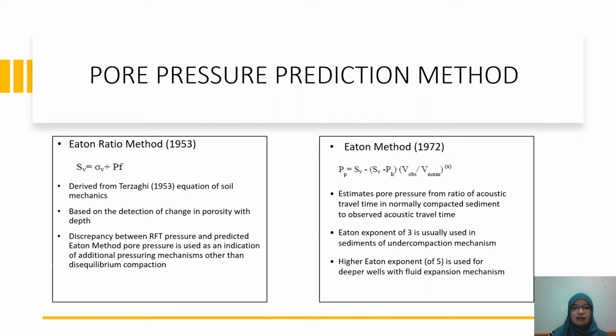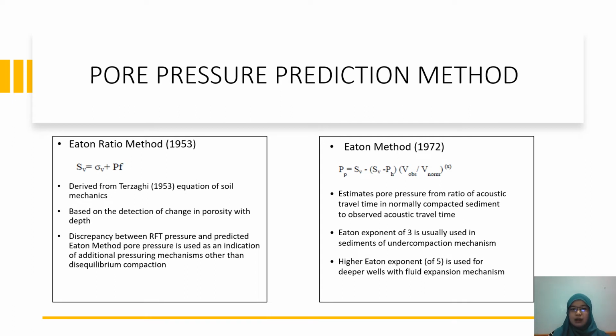The Eaton ratio method is based on the detection of change in porosity with depth. And as we know, the discrepancy which happens between the repeat formation test pressure and the predicted Eaton method pore pressure is used as an indication of additional pressuring mechanisms other than disequilibrium compaction.